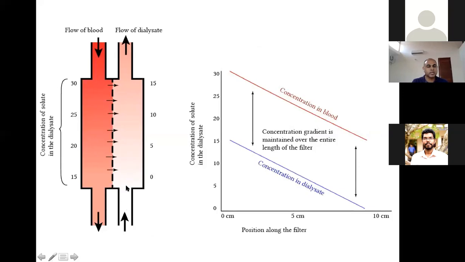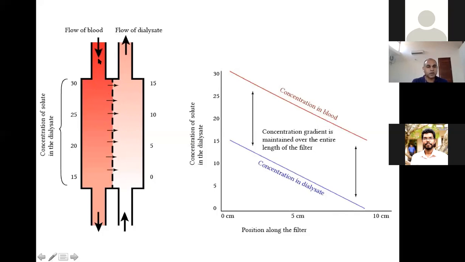It's quite clean when it enters the dialyzer. So the concentration of the solutes is highest at the top. What happens is, when the dialysis solution travels from bottom to top, it gets continuously saturated with the toxic substances coming from the blood. So the concentrations of these toxic substances are lowest at the bottom and highest at the top.